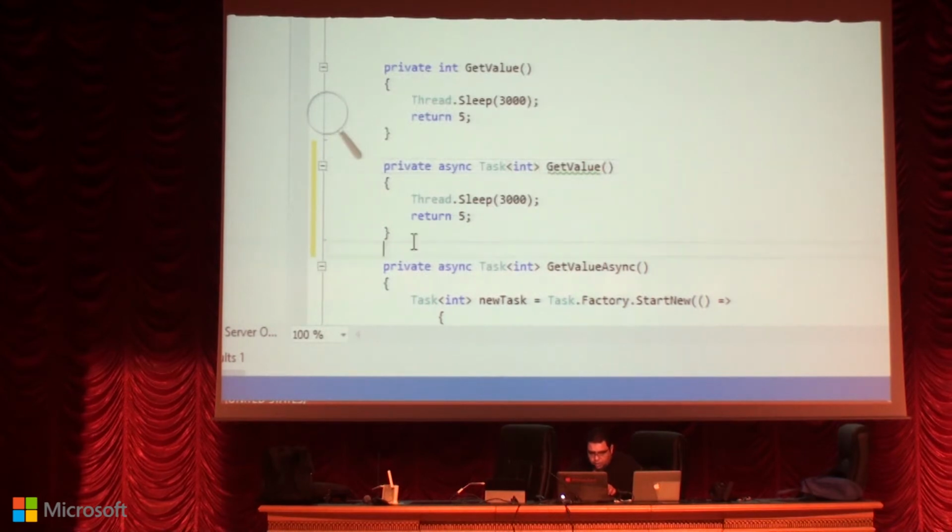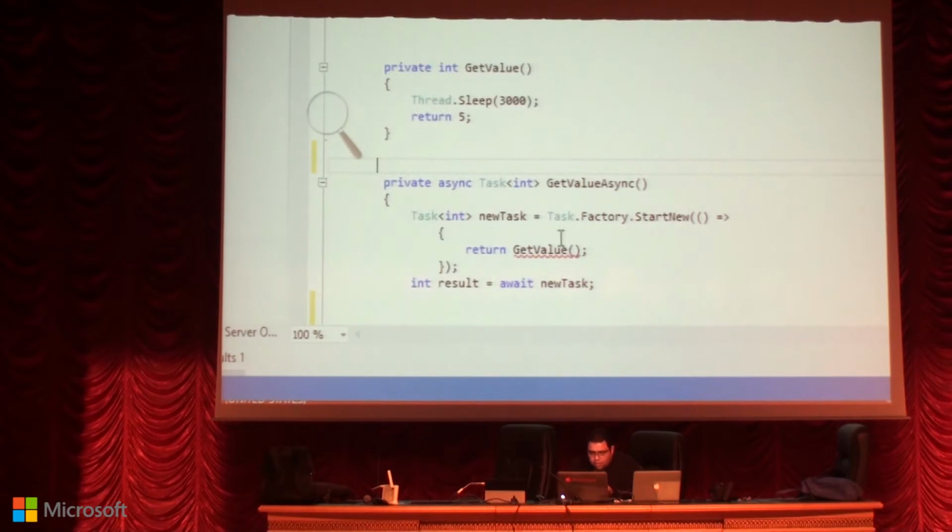Let me get the code. See, this is much cleaner code. I'm using the same function, get value, and I'm wrapping it into a task. So I'm starting a new task from the factory, StartNew, and passing the get value. And for the result, I just await the new task.